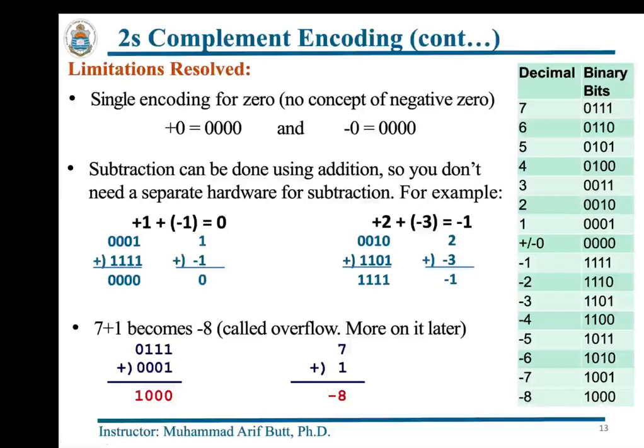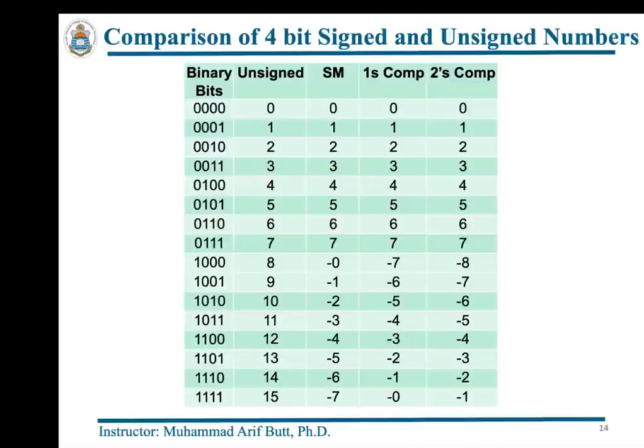I will talk about it a bit later. So I think you have a fair idea now about the unsigned representation of integer numbers, and the signed representation, in which we have seen three ways: sign magnitude, one's complement, and two's complement. And the apparently best one is the two's complement.